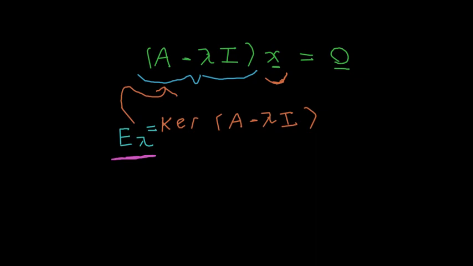Remember, for the vast majority of lambda, most lambda will not satisfy this equation. So the kernel will be trivial, right? The eigenspace, the kernel of this matrix, is usually going to be 0 for the vast majority of lambda, but for specific lambda, it may be non-zero. And in that case, there will be some vectors in the kernel.